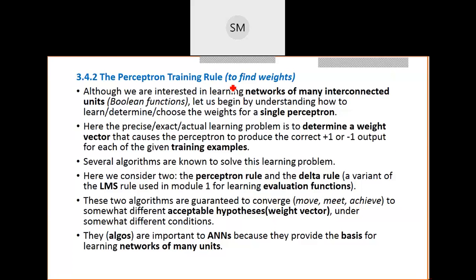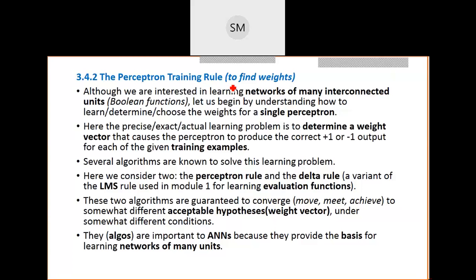Somebody will give us the inputs x1, x2, x3, no problem. But our task is to determine or learn the weights for these inputs, because the output of a perceptron is the product of weights and inputs, that is, w vector into x vector. W is the weight vector and x is the input vector.